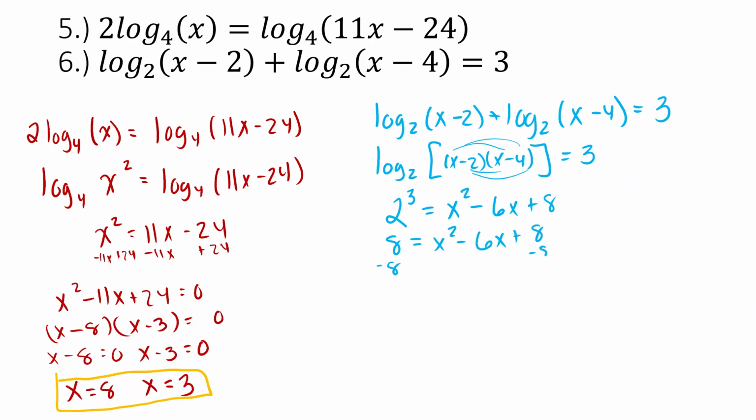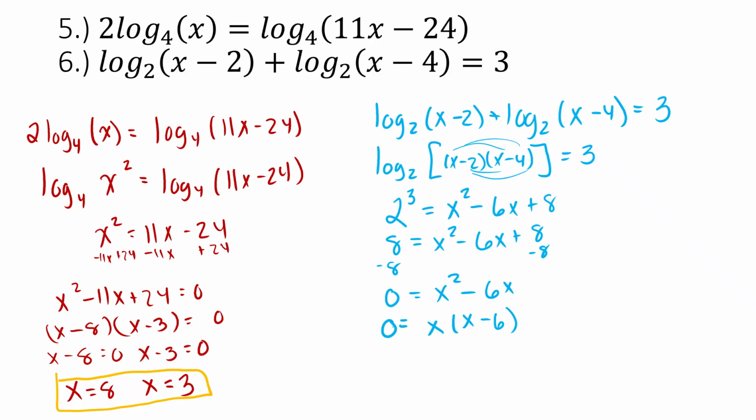Subtracting 8 from both sides, I get 0 is equal to x squared minus 6x. Now this one is a quadratic, but this one does not have the c term. So usually I need two numbers that multiply to 0 but add up to -6. That actually probably would work. You're going to get -6 and 0. Or you can just do GCF factoring and say, okay, the greatest common factor is x there.